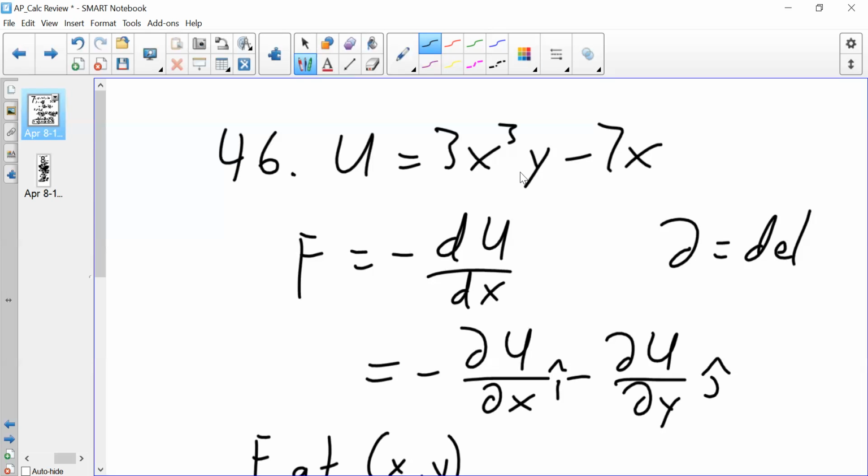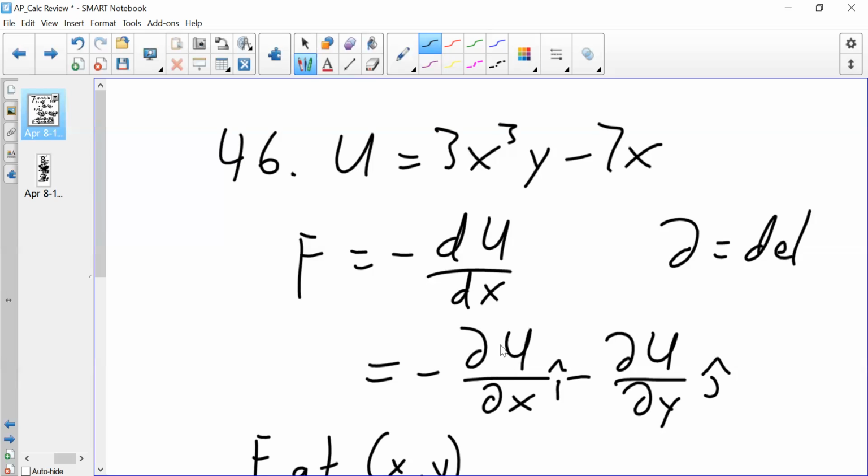Since this potential energy function involves both x and y, we have to take what is known as a partial derivative. We hold one variable fixed while we take the derivative with respect to the variable in question. It's your ordinary derivative, if you will.